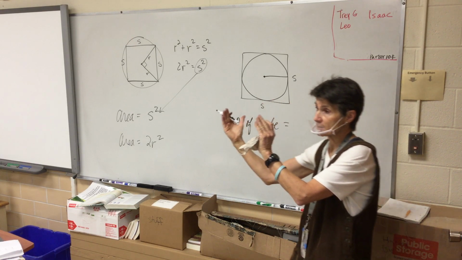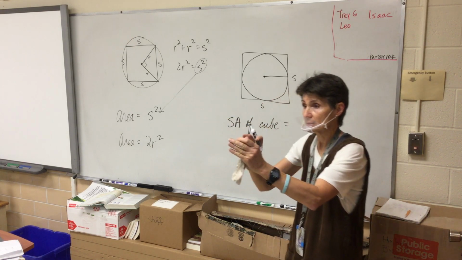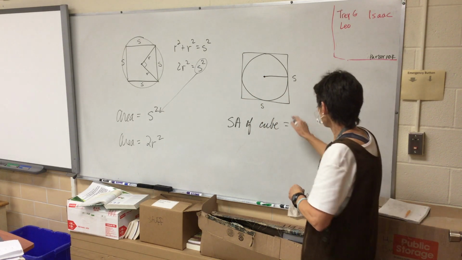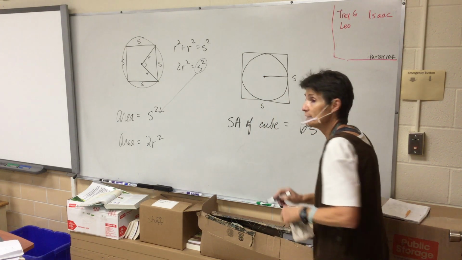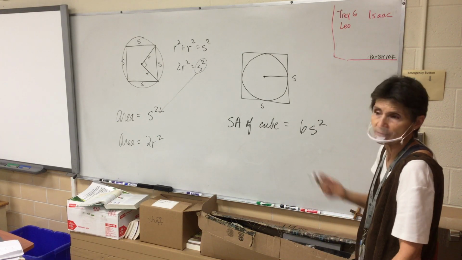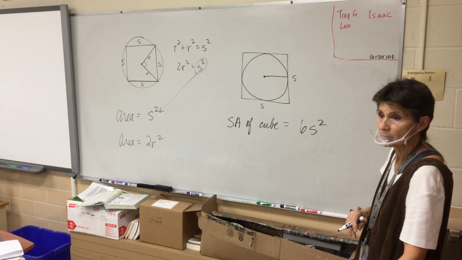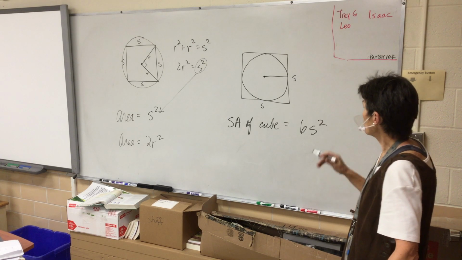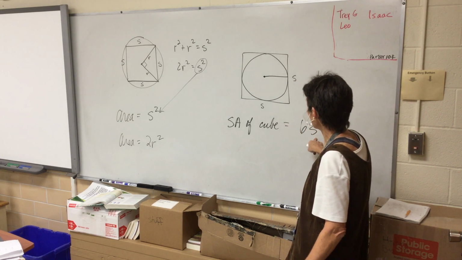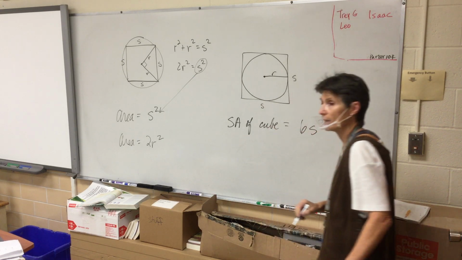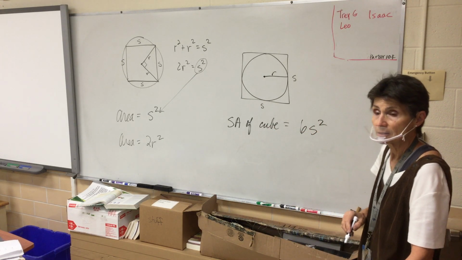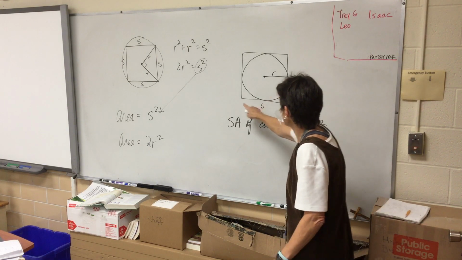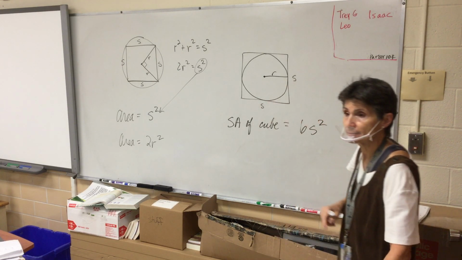How many faces does a cube have? I heard somebody say it. 6. So 6s squared is the surface area of a cube. But we want this not in terms of s, we want this in terms of r. Well, this is super simple. What's the relationship between s and r?